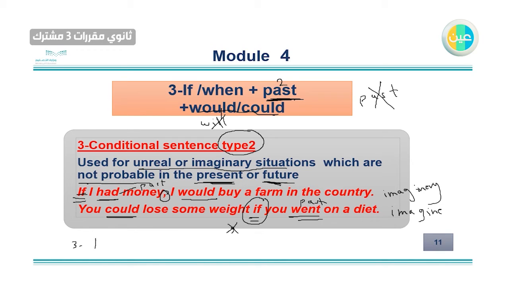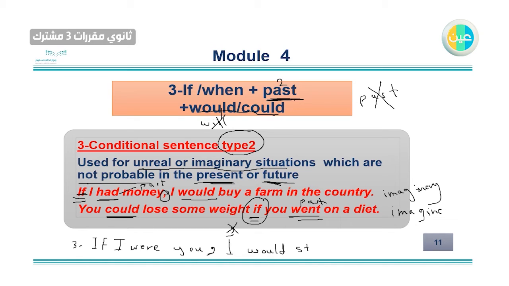If I were you, comma, because here I start with if, so it is capital, and I use comma in the middle, I would study more. Okay, really, if I were you, I would study more.